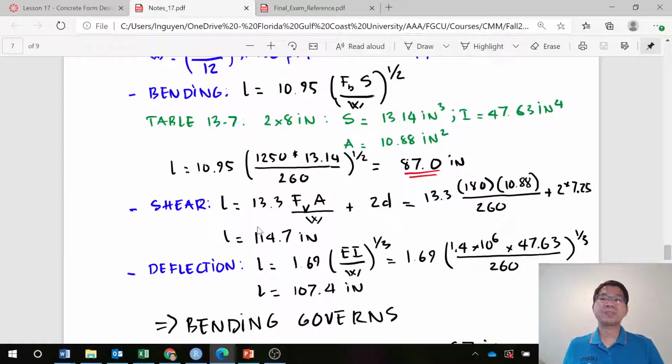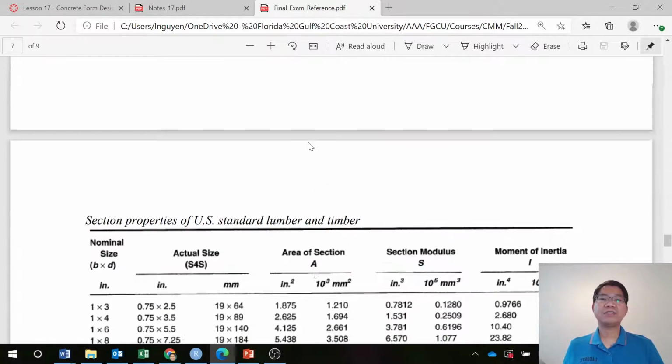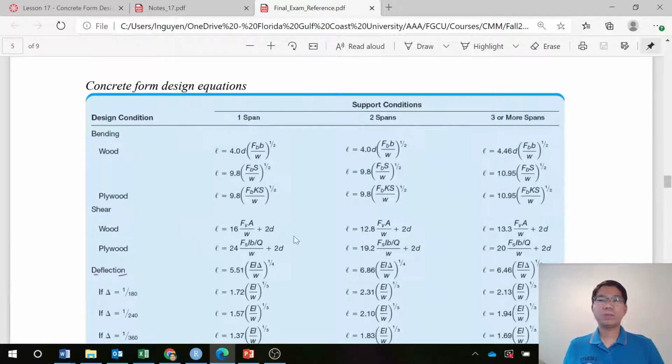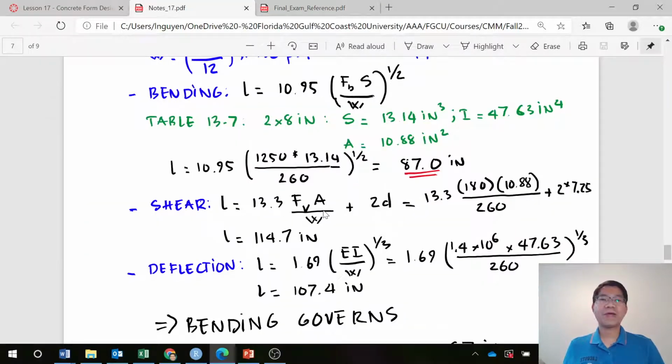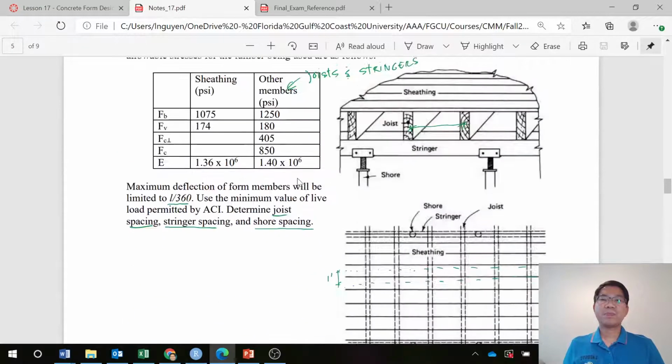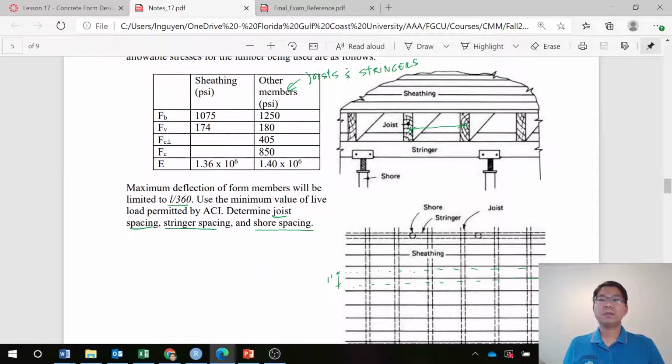87 inches. Similarly for shear, we can apply the same equation with wood. It will be 1.3 times Fv A w over w plus 2d, and plug in all the numbers you have. Fv, the allowable stress for shear, is given by the problem here: for other members, joists and stringers, Fv is 180.